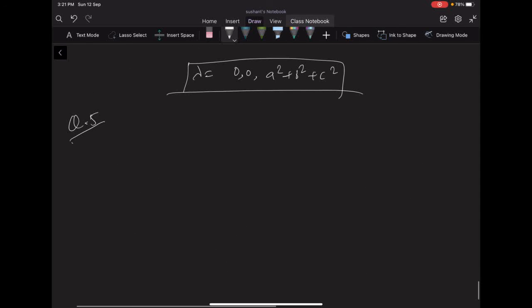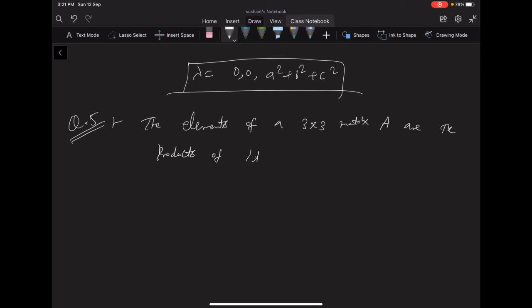Now question 5 is the same type of question as question 4. The elements of a 3x3 matrix A are the products of its row and column indices. So Aij, the elements of matrix A, are of the form i times j, where i and j run from 1 to 3.